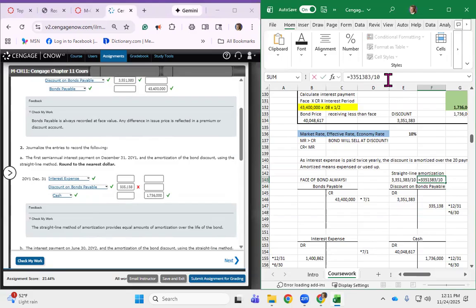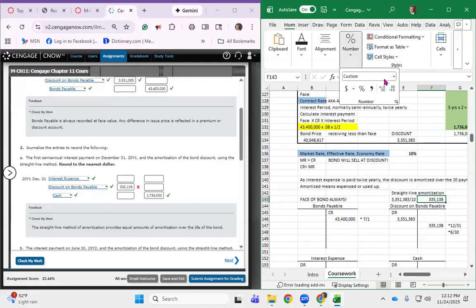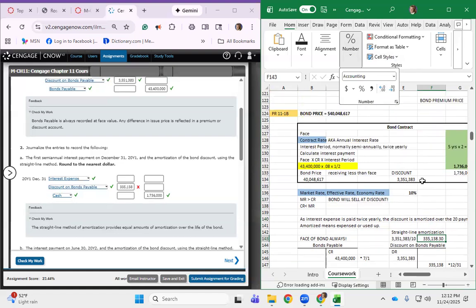Let me see. It might be a rounding thing. What does it say here? Round to the nearest dollar. So I got 3,351,383 divided by 10, and I got 335,138. I am going to make this into a decimal. Well, I guess I have to keep working at it here.